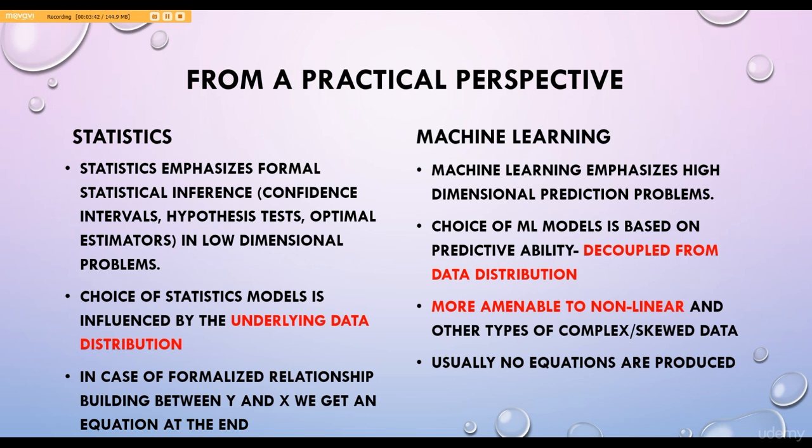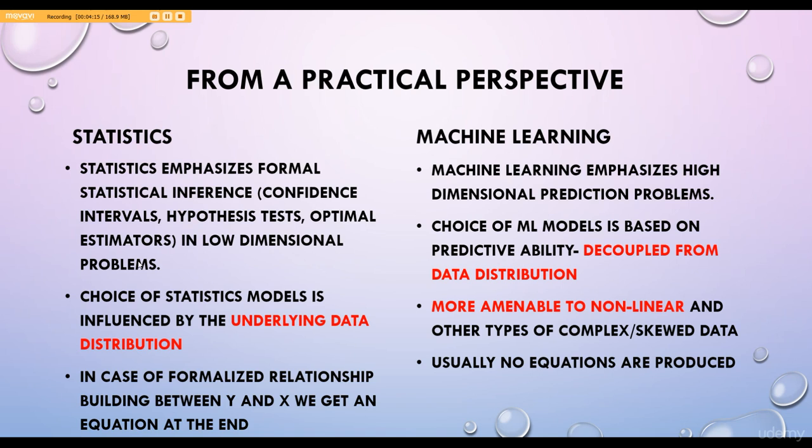For most machine learning systems, you do not need normally distributed data in any form or shape. And that is what happens in real life, that we very rarely have normally distributed data. And since we do not have normally distributed data, for me it just makes a lot of sense to work with machine learning systems, identifying the algorithms which give me the best possible results in terms of the predictive ability of the model.